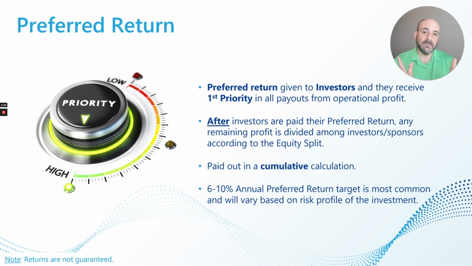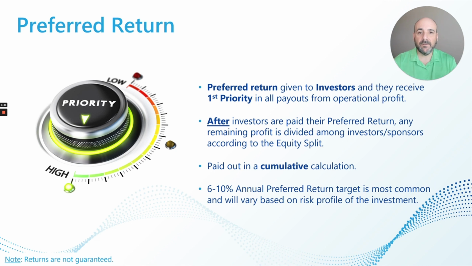Now, it's done in a cumulative fashion too, at least how we do it. And the way that happens is if you, say, have a 6% cash on cash one year and you're short 2% of that preferred return, then that 2% gets added on the next year. So the next year, instead of 8, it'd be 10% preferred return. So this is a great way to make sure that you, the limited partner, the investor, really get the maximum income from the investment that you're making.